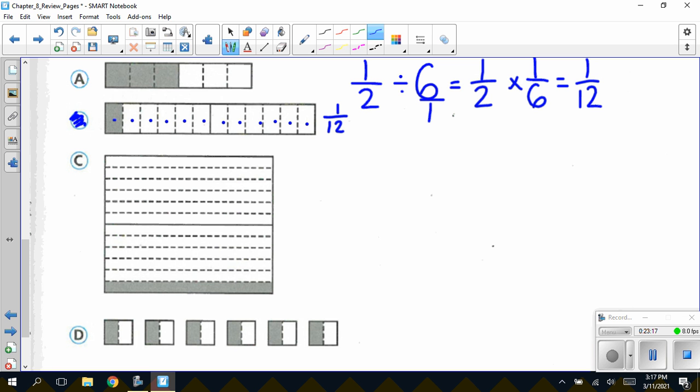Now for C, I see that I have 1, 2, 3, 4, 5, 6, 7, 8, 9, 10, 11, 12. So from that whole rectangle, I have 12 total sections. And again, only one of those sections was shaded in. So C is another one that is showing the 1/12.